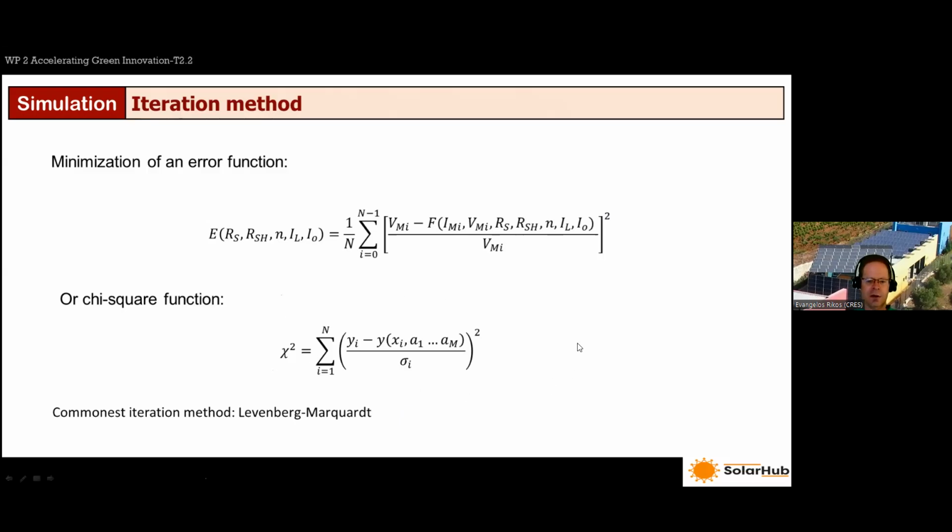This is another definition that is also used in mathematics. And the commonest iteration method to minimize this error calculation is the Levenberg-Marquardt method, widely used in literature. I don't see any point in going into further detail into this stuff because it's more mathematics here.